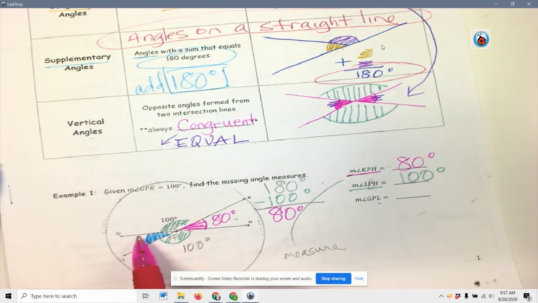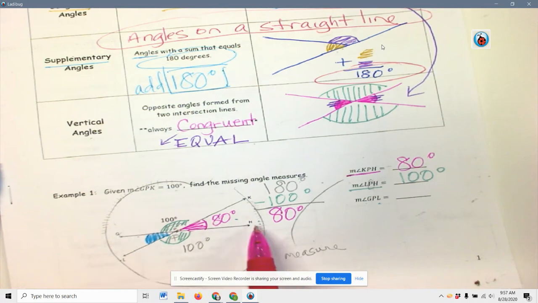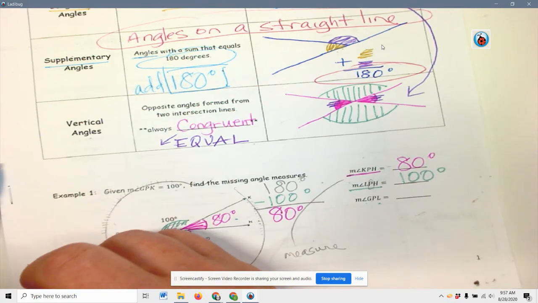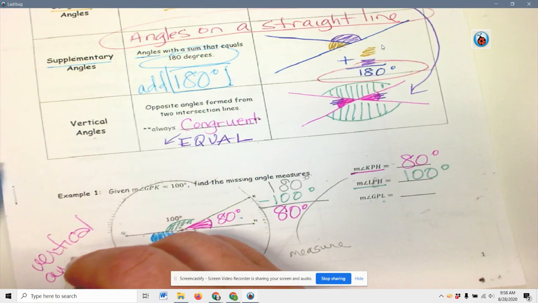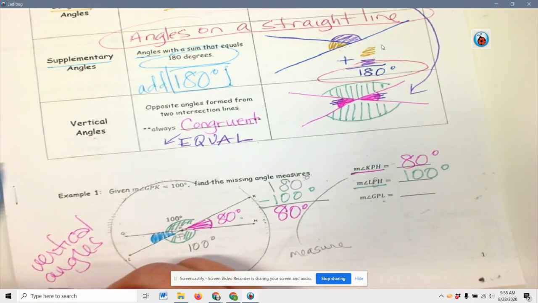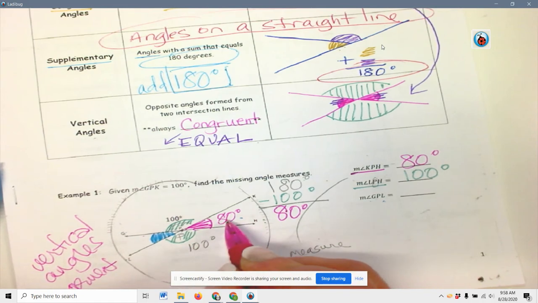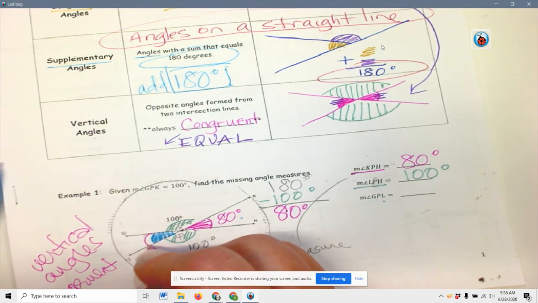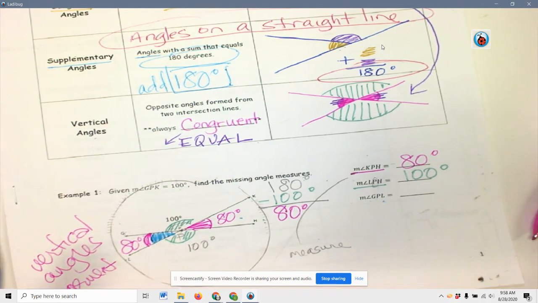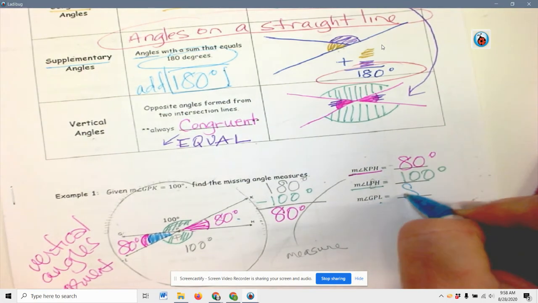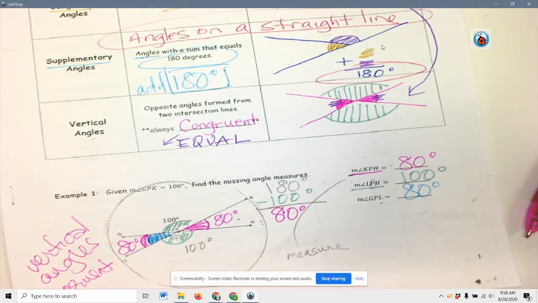So this angle, because there's two lines that intersect and they are directly opposite each other, these are vertical angles. And we know that all vertical angles are equal or congruent. Okay? So if this angle is 80 degrees, then this angle has to be the same, or 80 degrees. Okay? We fill this in. That's how we're going to work these problems. All right, thanks guys.